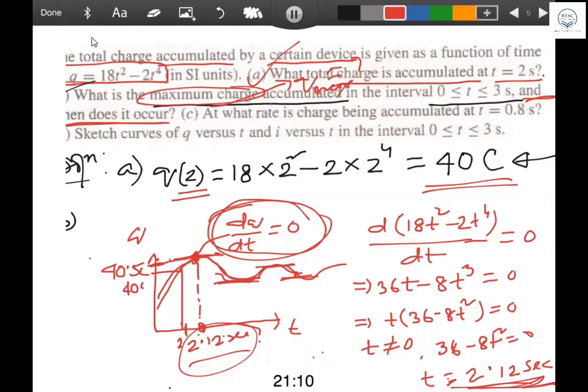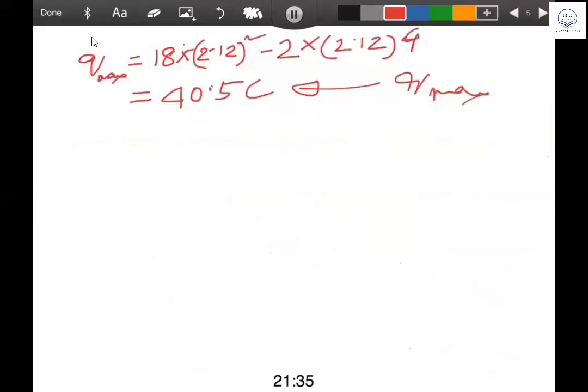Okay, now let's come back to the next point. Question number C: at what rate is charge being accumulated at t equal to 0.8 second? Rate of charge is the thing we have to find. The rate of charge means dq by dt.